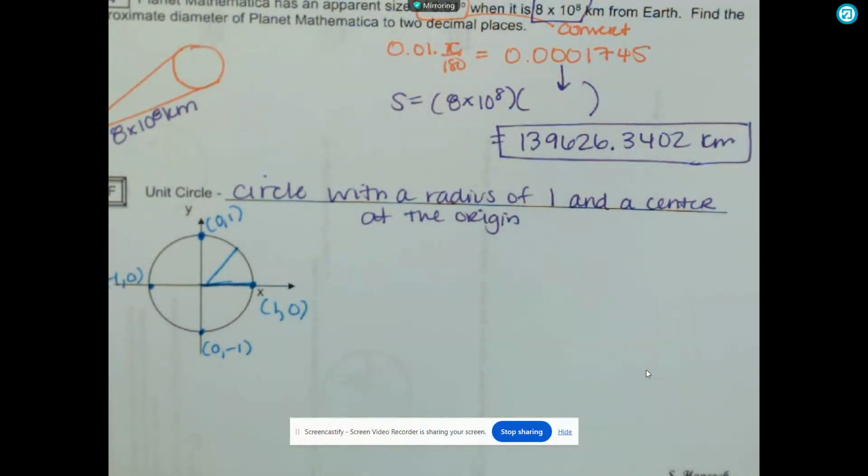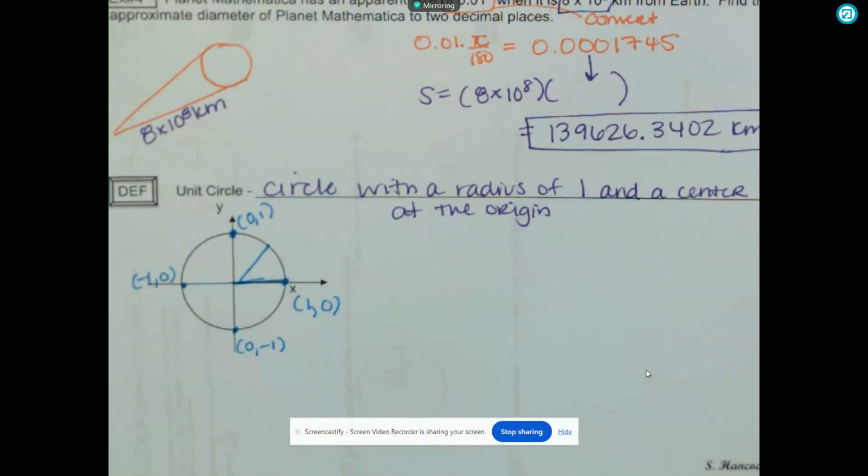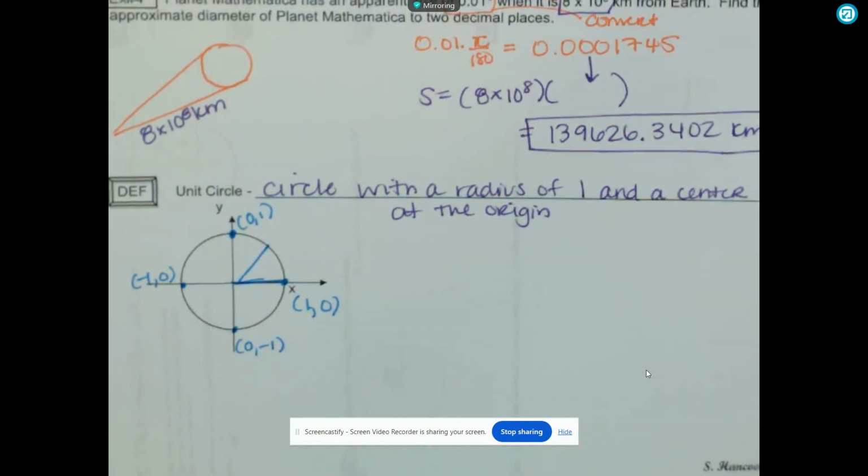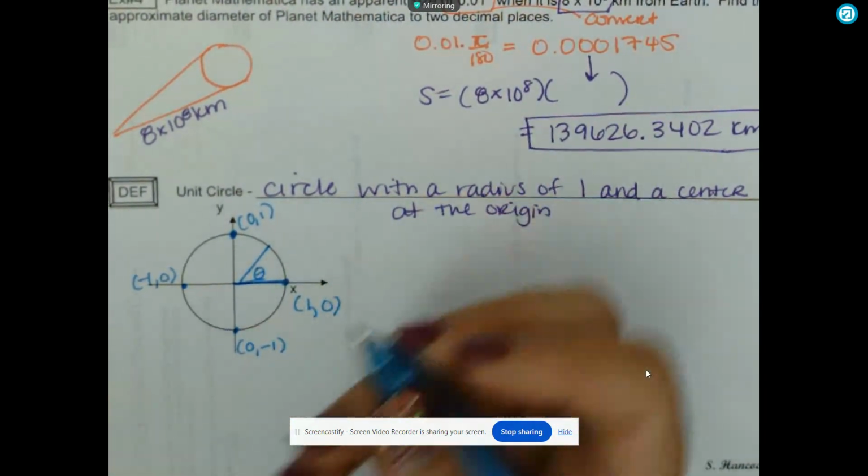Is everybody with me? Radius of 1. Okay, and this will be our theta for whatever.